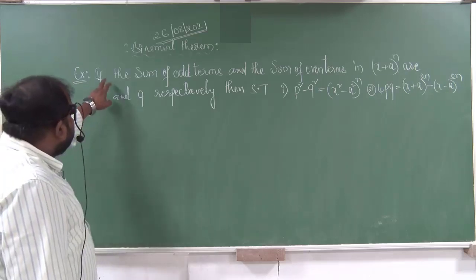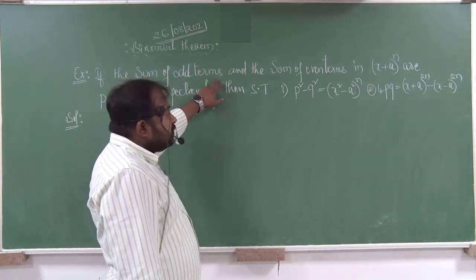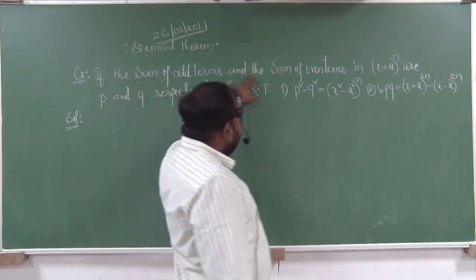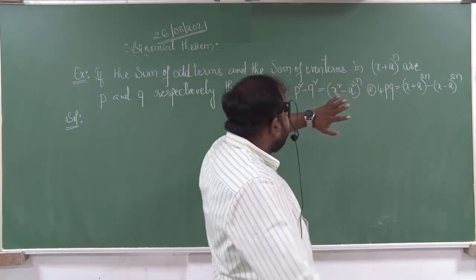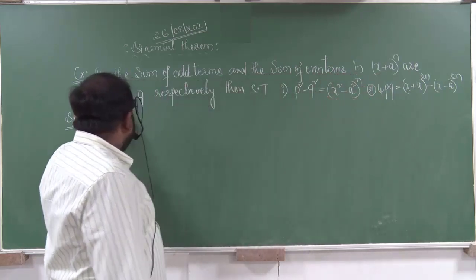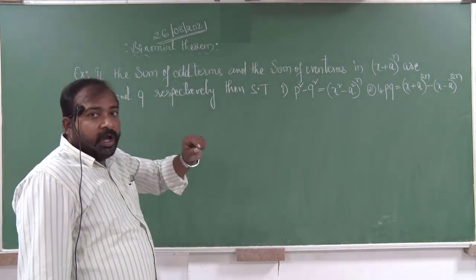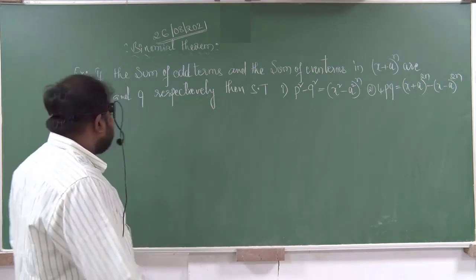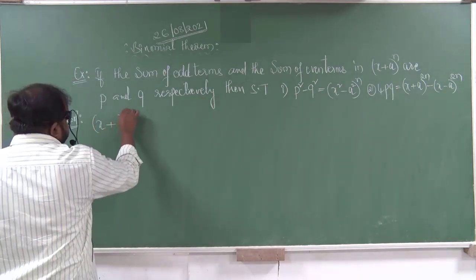According to the data, the sum of odd terms and the sum of even terms in the expansion (x + a)^n are P and Q respectively. First of all, we will observe the expansion for (x + a)^n.